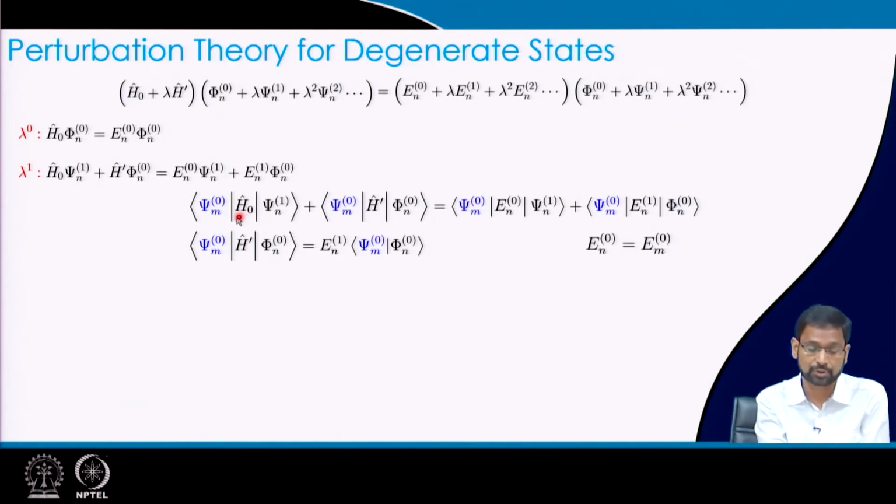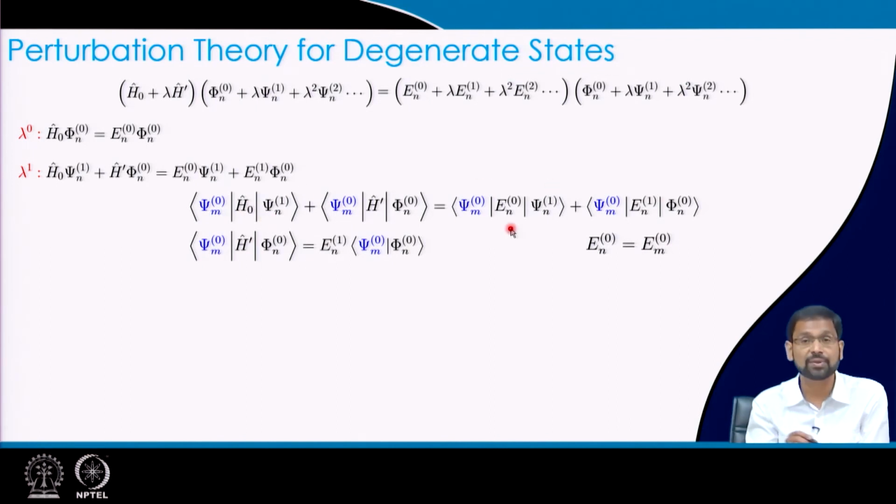The bra has psi m0, and the Hamiltonian is a Hermitian operator, so I can use the turnover relation so that I get psi m0 on the ket, and the Hamiltonian can act on this psi m0. When this unperturbed Hamiltonian acts on psi m0, I get Em0 in this first term of the equation.